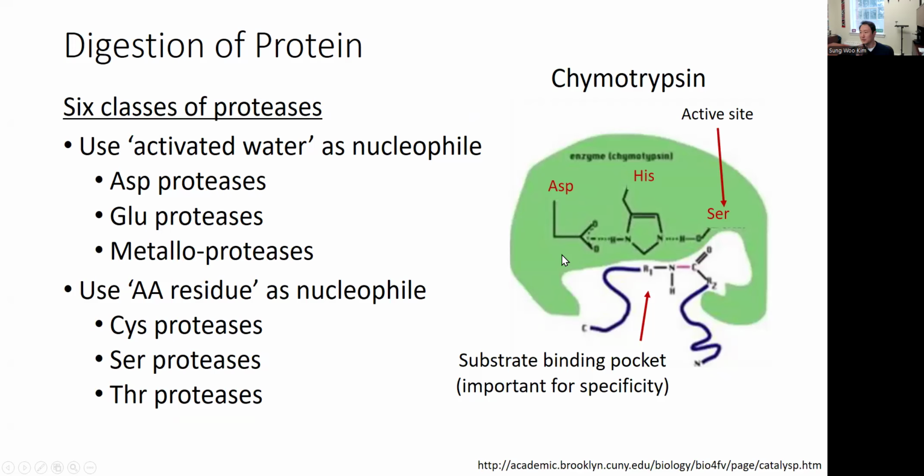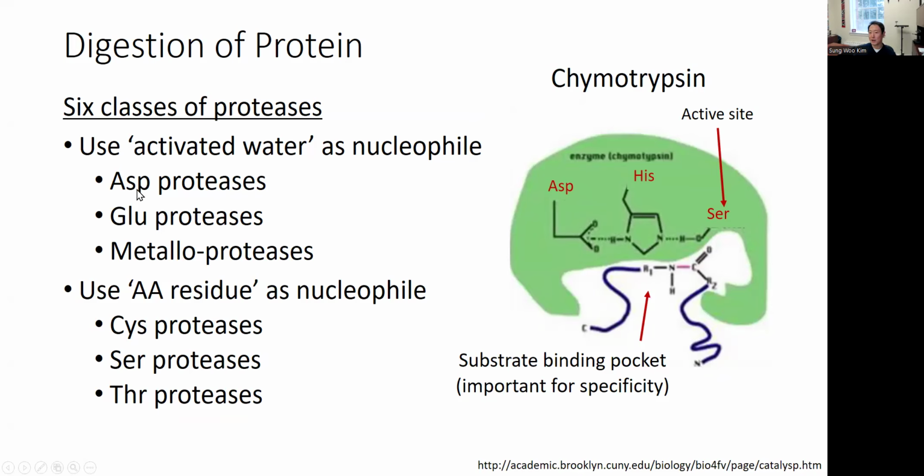Now, it's not the key interest, but briefly, I'd like to introduce different types of proteases. There are 6. Okay, the first group is the proteases using activated water in the hydrolysis. Hydrolysis means utilizing water in the reaction, okay?